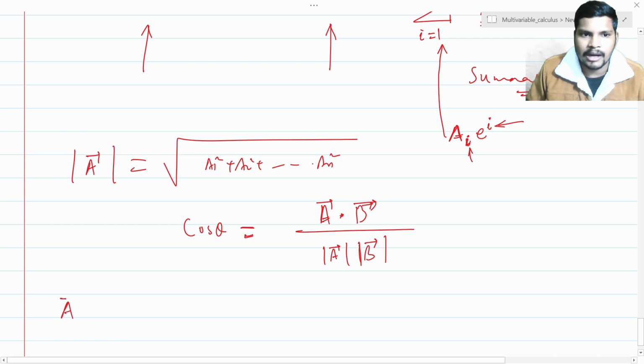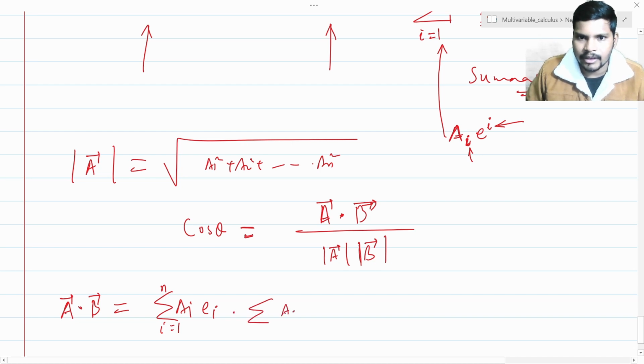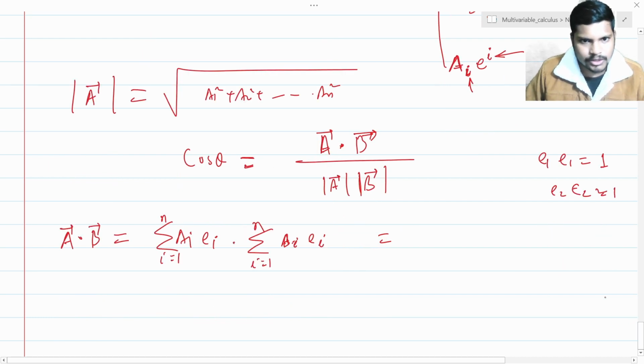And similarly, I have two vectors, let us say a vector and b vector, and I am expressing a as the sum of ai ei, i equal to 1 to n, and b as the sum of bi ei, i equal to 1 to n. So what you are understanding is that e1 dotted with e1 is going to be 1, e2 with e2 is going to be 1, because you understood previously, I just discussed.